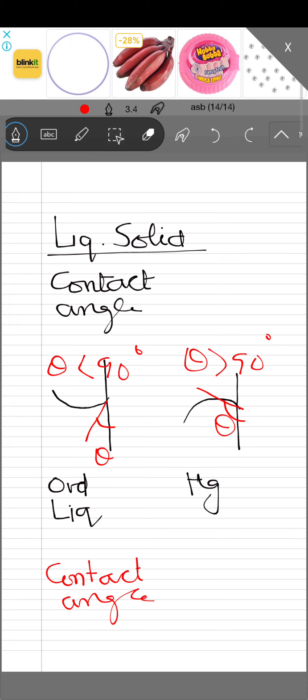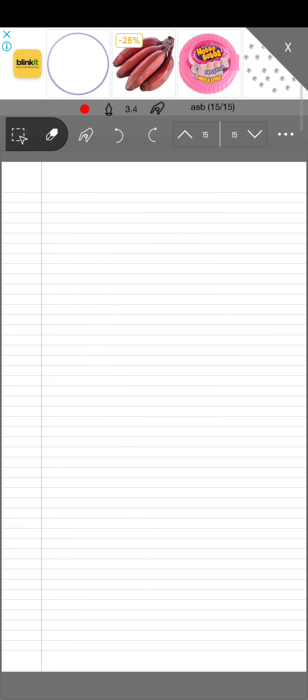Okay. Now, what causes this curvature? That needs to be first answered. So for that we need to look into the interface once again. Say there is a molecule at the liquid solid interface.